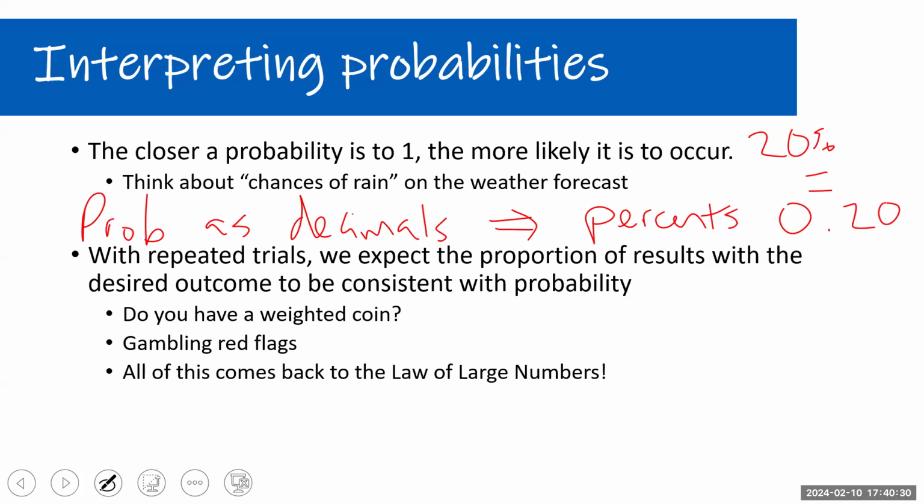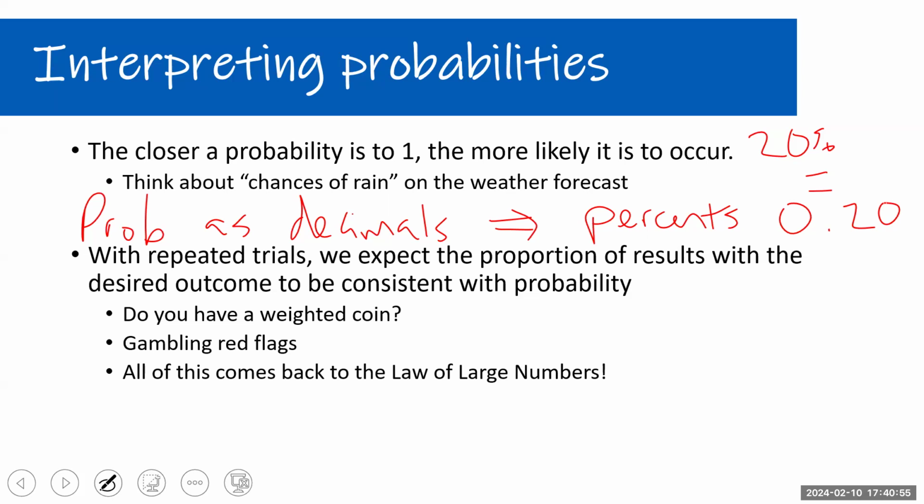Now, just to kind of drive home that concept of the law of large numbers. With repeated trials, we expect that proportion of results to be consistent with the probability. Over and over and over again, you expect that proportion of observed outcomes to approach the true probability. So we've already talked about the law of large numbers, tossing a fair coin, tossing a fair die.